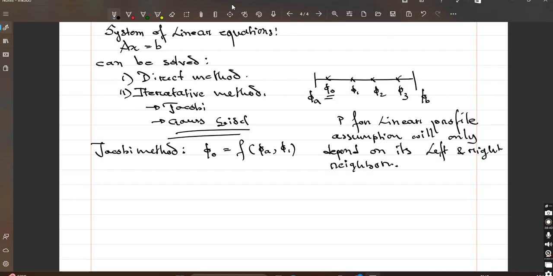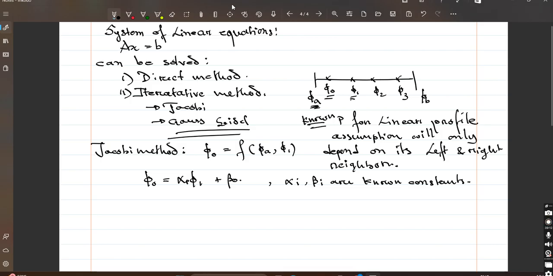But for phi naught, we only have one neighbor, and this is nothing but a boundary value already known to us. So the phi naught will be some alpha phi 1 plus beta. We'll write it as alpha naught, beta naught. Alpha i and beta i are known constants.